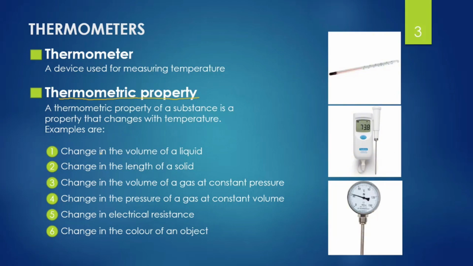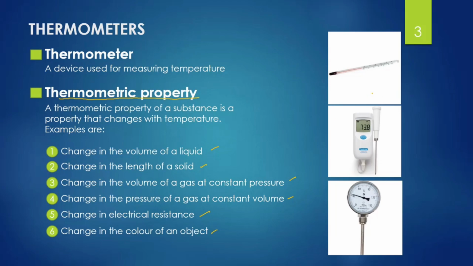Examples of such thermometric properties are a change in the volume of a liquid, a change in the length of a solid when the solid expands, a change in the volume of a gas at constant pressure, a change in the pressure of a gas at constant volume, a change in electrical resistance, and even a change in color.